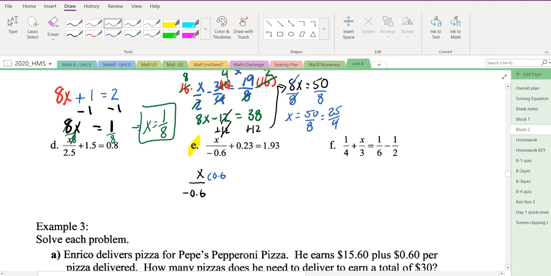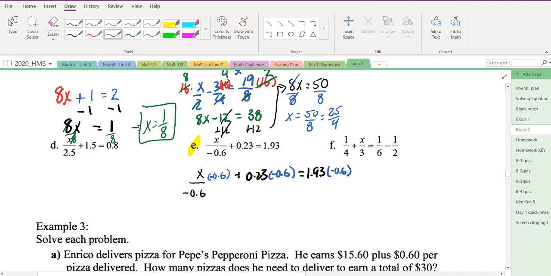So everything gets multiplied by that, plus 0.23 times, I'm sorry, it should be negative 0.6 because that's the number on the bottom, negative 0.6 and negative 0.6, and it equals the number that they gave us times negative 0.6.